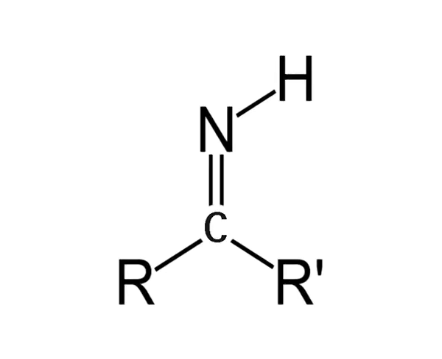In imine, each of the carbon and nitrogen atoms forming the double bond has been sp2 hybridized. The double bond between carbon and nitrogen consists of a sigma bond and a pi bond formed by their hybridized orbitals and the pz orbitals respectively.